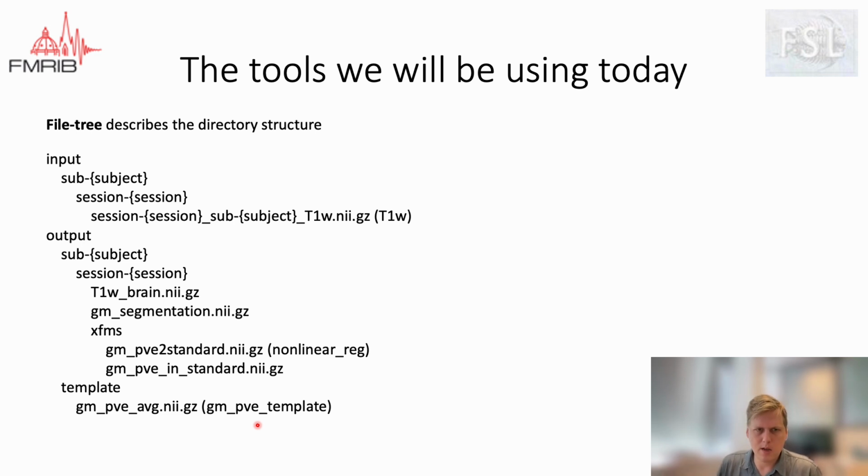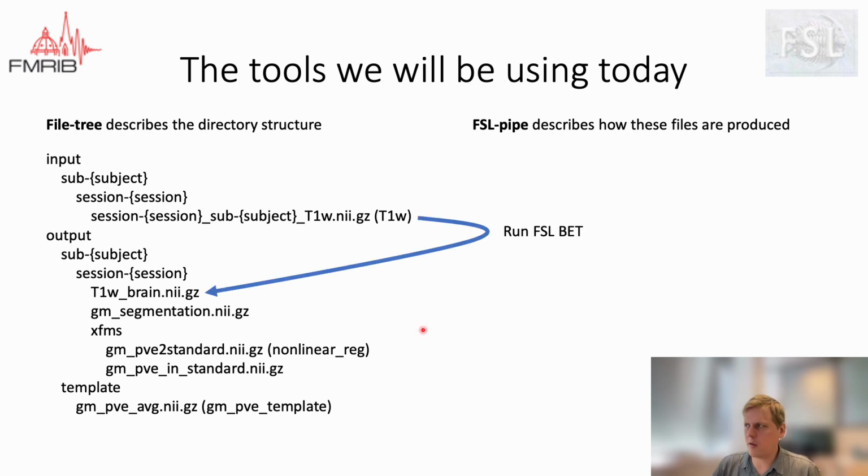So the next step from defining where all of these files will be placed is to actually define how these files will be produced. This is where the second tool, FSL Pipe, comes in. With FSL Pipe, you just tell it how to produce a T1w brain file from a T1w, which is by running FSL BET.